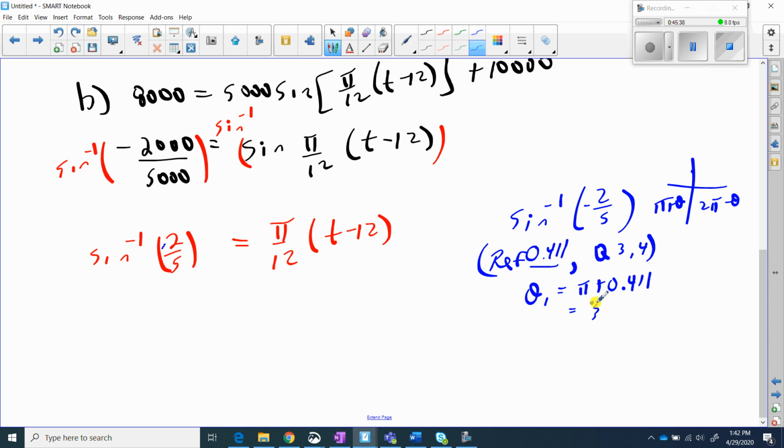There's one possible value for the left side. The other possible value for the left side is 2 pi minus the reference angle. So we're going to go 2 pi, and then subtract 0.411, and I get 5.872.